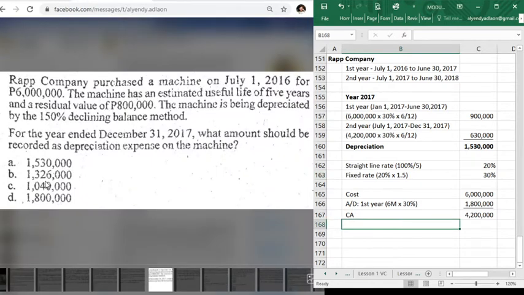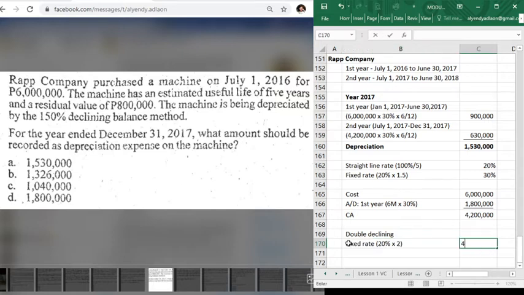Okay, by the way, class, this is 150% declining. Now, how about class if double declining ni siya? So, actually, kung double declining, pareho ra og process. The difference is the computation of the fixed rate. Sa double declining, ang fixed rate, ato siyang i-multiply og 2. So, in this case, di ba, ang fixed rate nato is 20% times 1.5. If this is double declining, that would be 20% times 2.